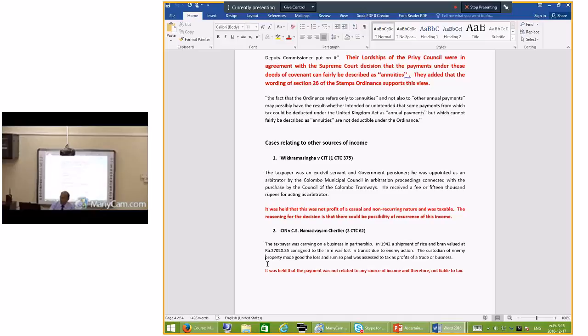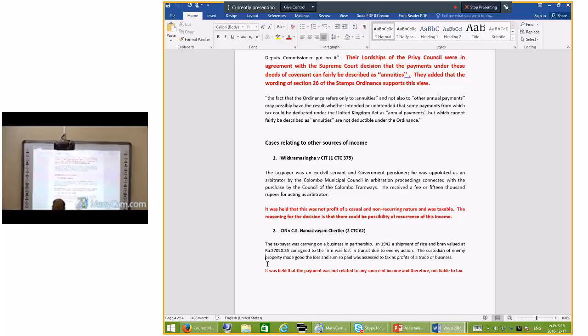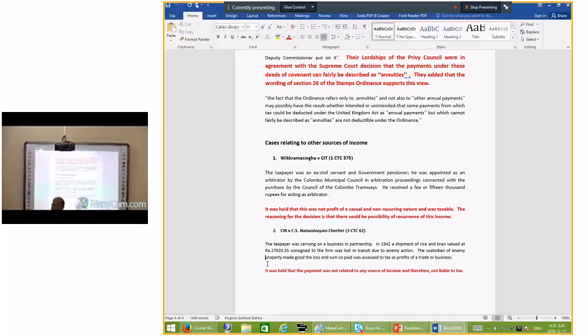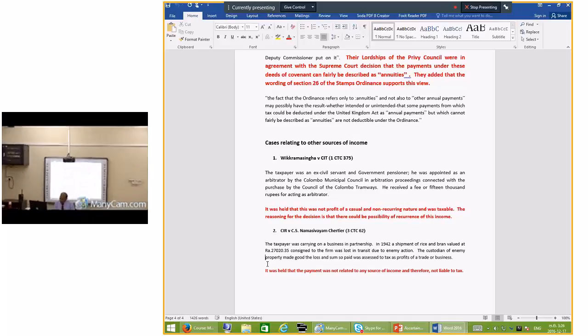It cannot recur again and again. Very rarely do these things happen. Because this happened, they got the opportunity to get this type of compensation. Sometimes the compensation is not paid, and what will happen? Entire loss. On that basis, the court held that this type of income is not liable to tax. Right.